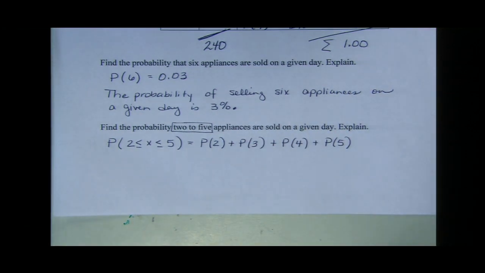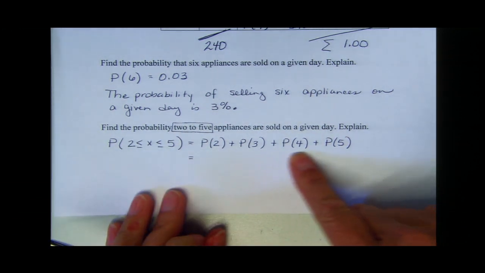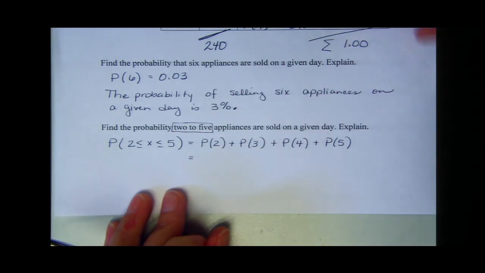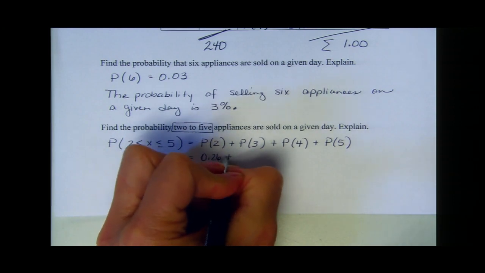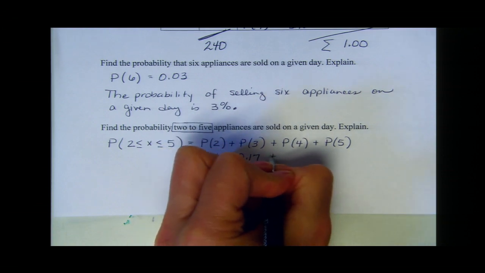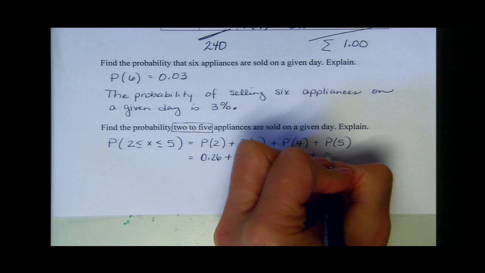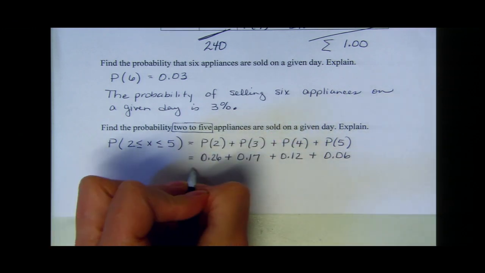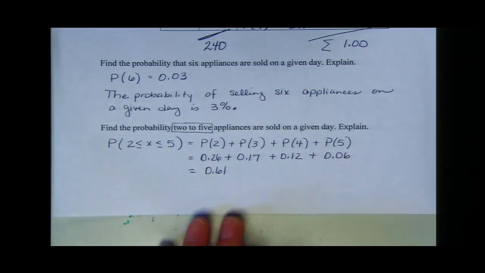And notice or, so I'm going to add. So all I do is go up to my probability distribution, and I find the probability of 2 was 0.26. The probability of 3 was 0.17. The probability of 4 was 0.12. And the probability of 5 was 0.06. I add all of those together, and I get 0.61.